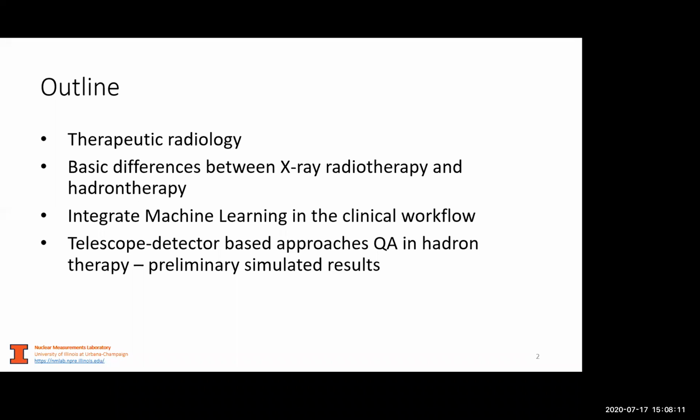One is integrating machine learning in the clinical workflow, and in particular in the segmentation of the organs in radiotherapy. And a new concept of a telescope detector that could help in quality assurance and eventually microdosimetry in hadron therapy in particular, and why it is relevant in that case.